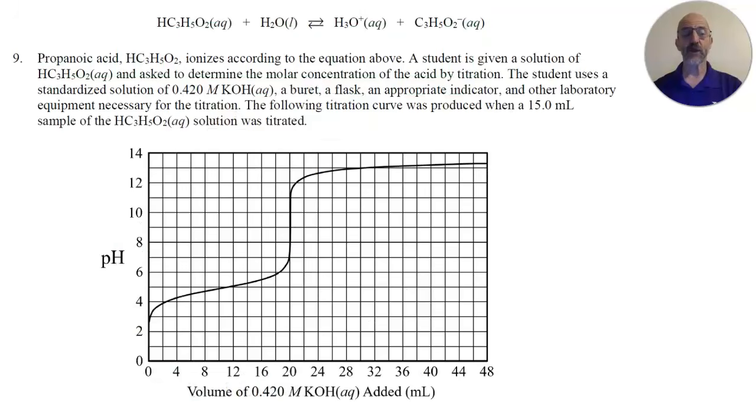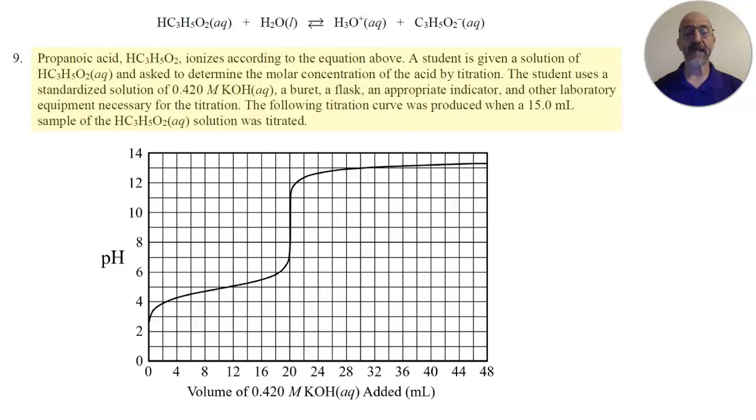Now let's move on to question 9, also a question involving a titration experiment. In question 9, it says, propanoic acid, which has the chemical formula HC3H5O2, ionizes according to the equation above. A student is given a solution of propanoic acid and asked to determine the molar concentration of the acid by titration.